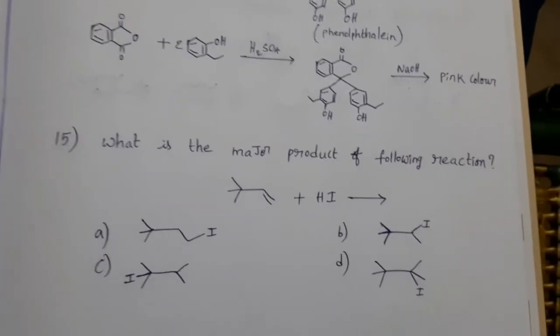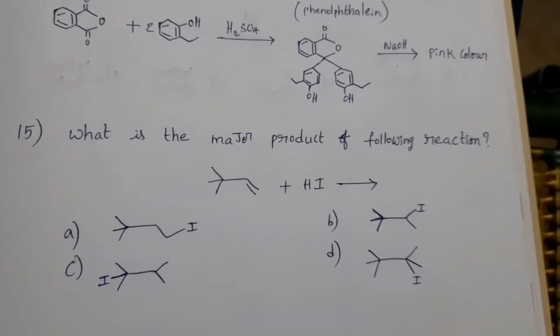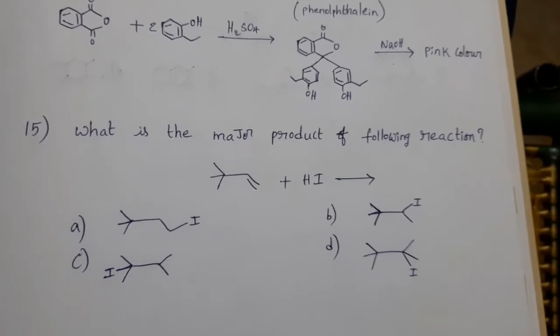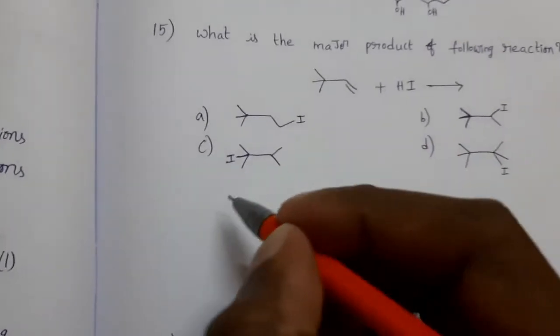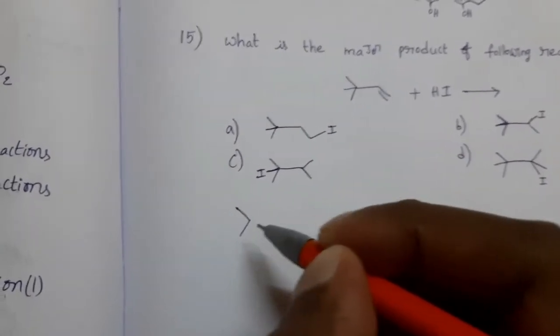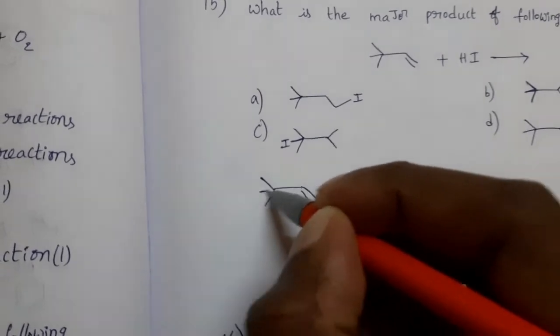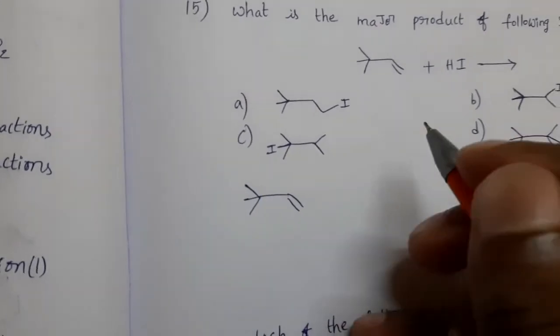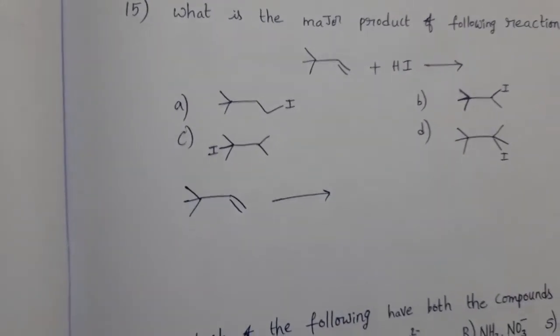Next, see the next one. What is the major product of the following reaction? An alkene is given. It is treated with HI. This is the given alkene. In this HI, first electrophilic addition takes place.